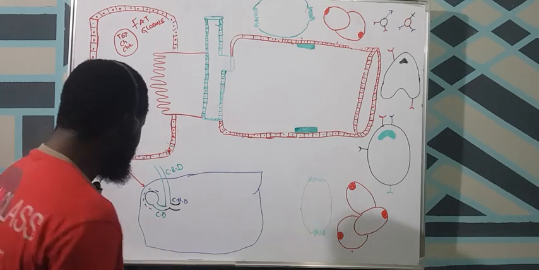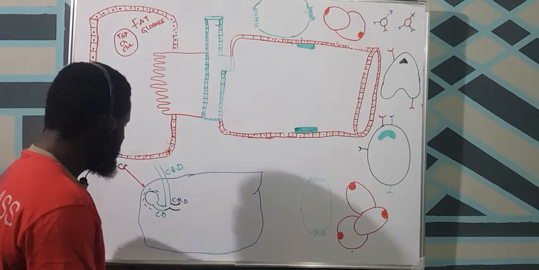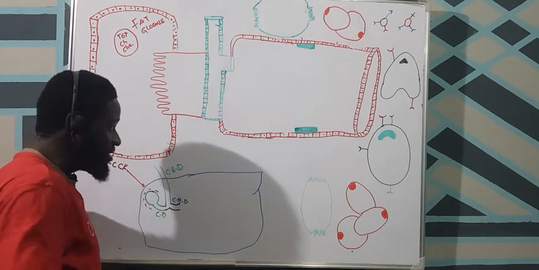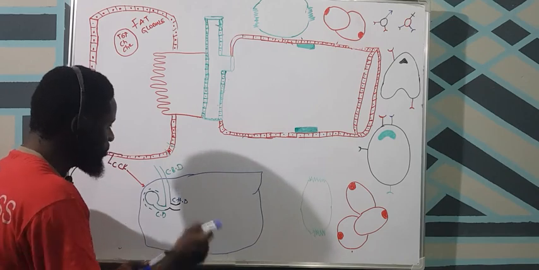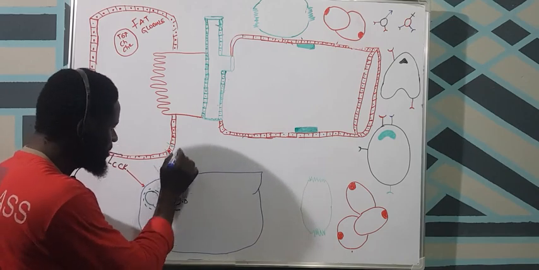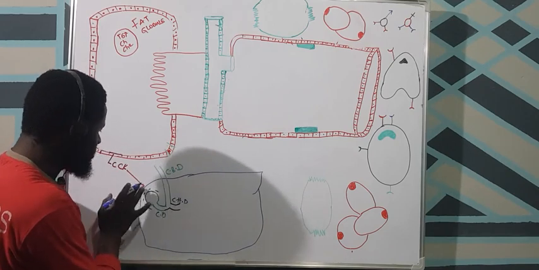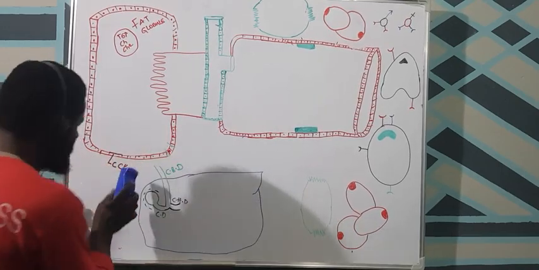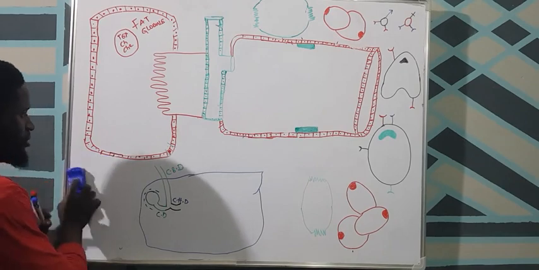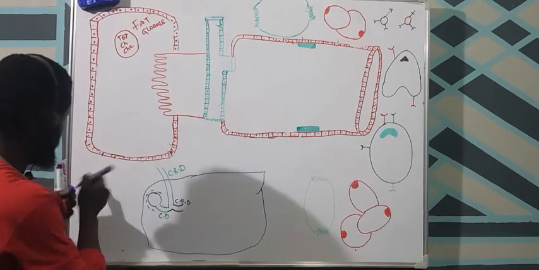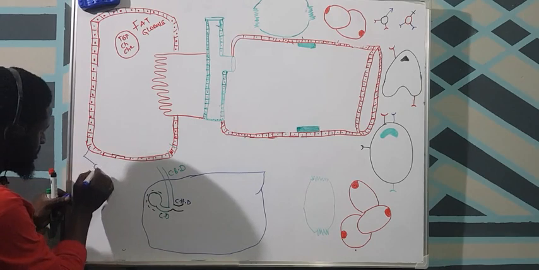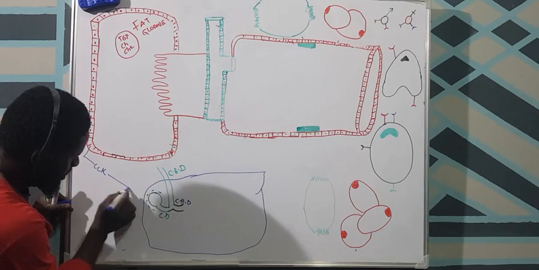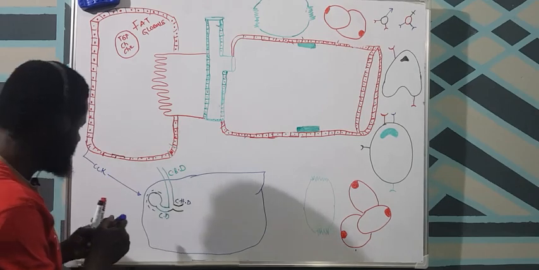So close to it, the common bile duct is close to the pancreas, which is close to the intestine. So there is a duct that comes from the pancreas. So let's draw our pancreas. Let's draw the duct here. So CCK will be here. Let me call this CCK. CCK triggers the gallbladder.